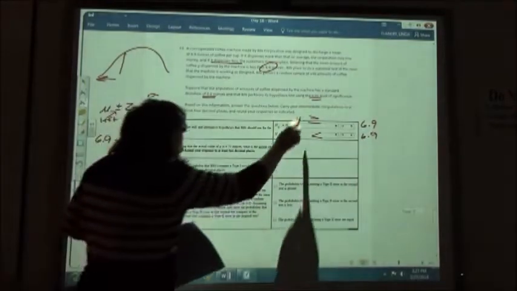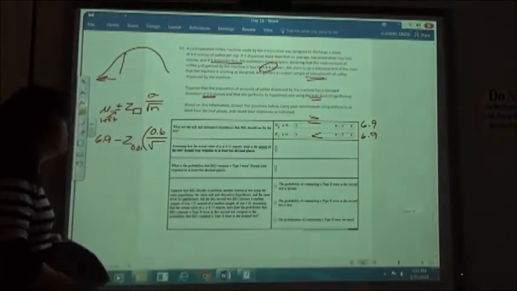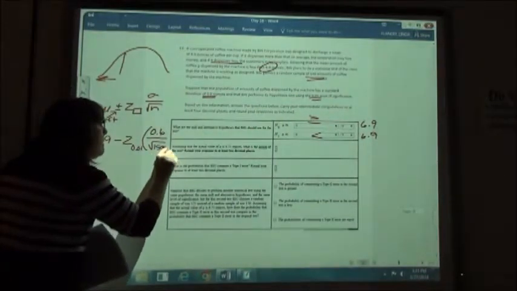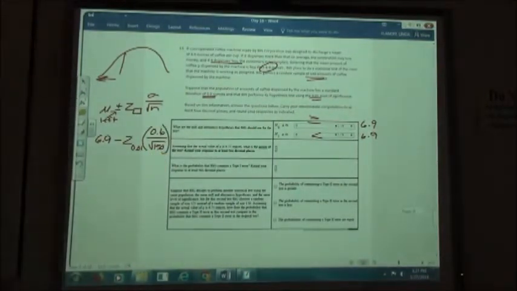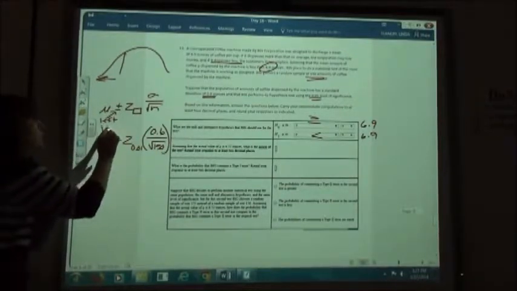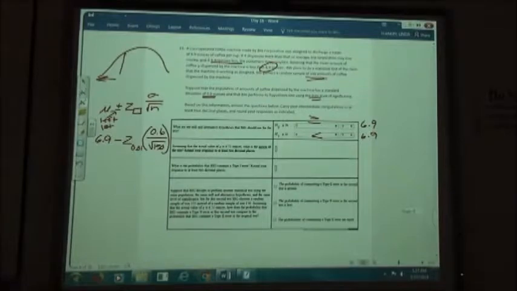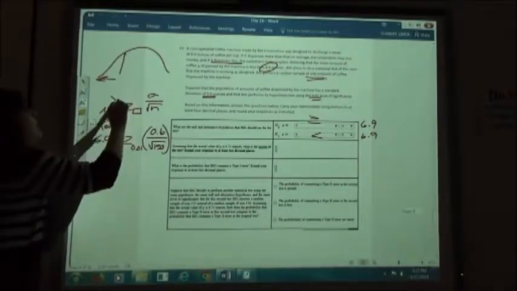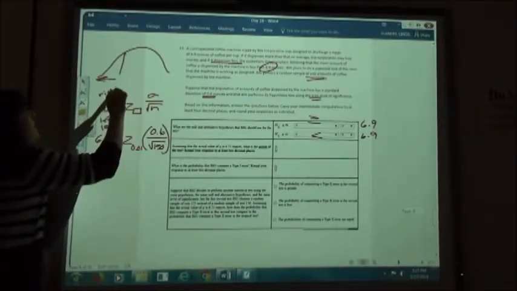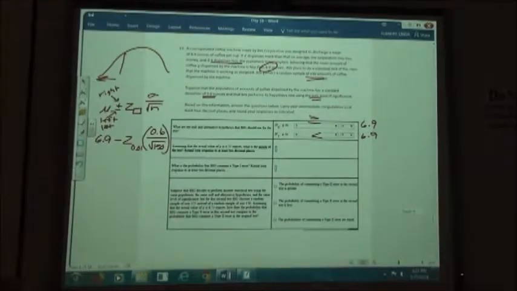N, we sampled 150. That's the first thing we're going to do. So, put this into your calculator, find that answer first. I'm just going to write a little note. Plus if it's to the right, minus if it's to the left.